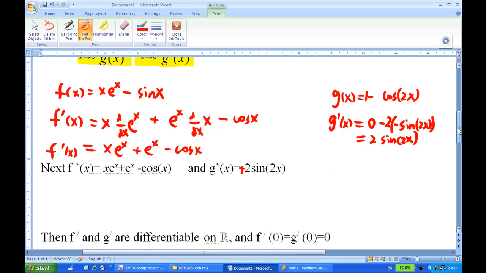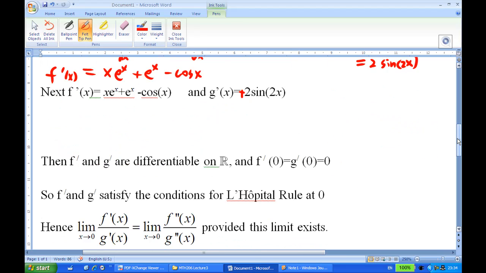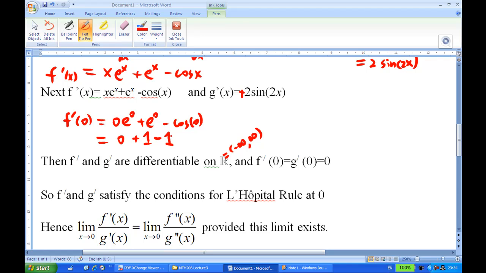Now apply the L'Hopital rule again. f prime and g prime are continuous and differentiable on the interval from minus infinity to infinity. And f prime 0 and g prime 0 equal 0, because f prime 0 is 0 times e^0 plus e^0 minus cosine 0, where e^0 is 1 and cosine 0 is 1, so this is again 0.